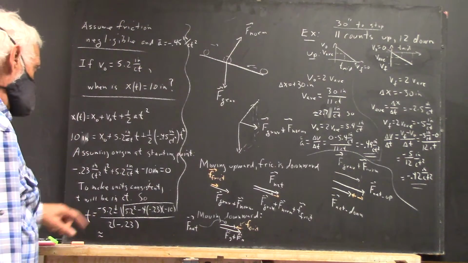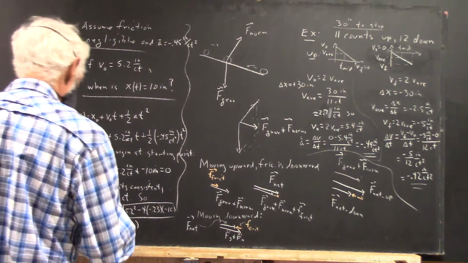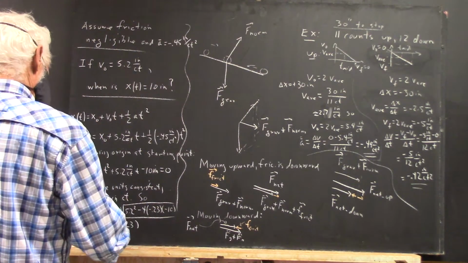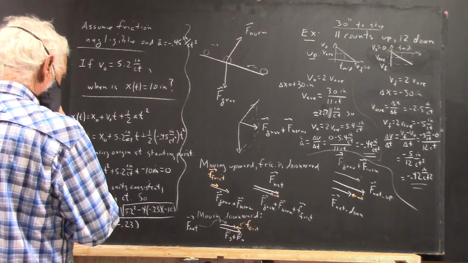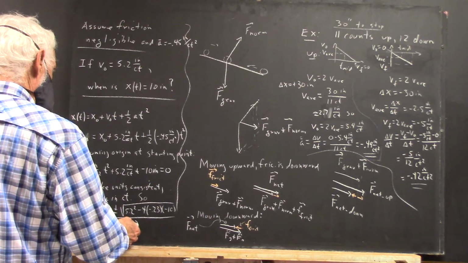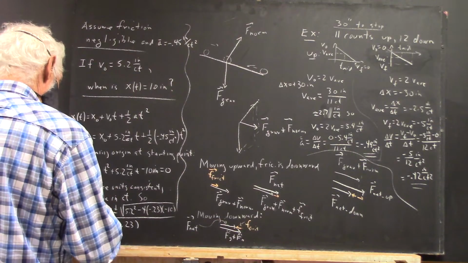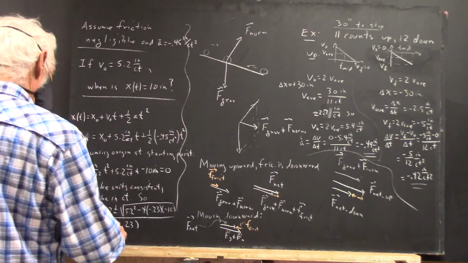And you're going to have then, it's too much to keep in head. 4.2 is going to be negative 9.4 over that. Okay, 4 times 9.4 is about 18.